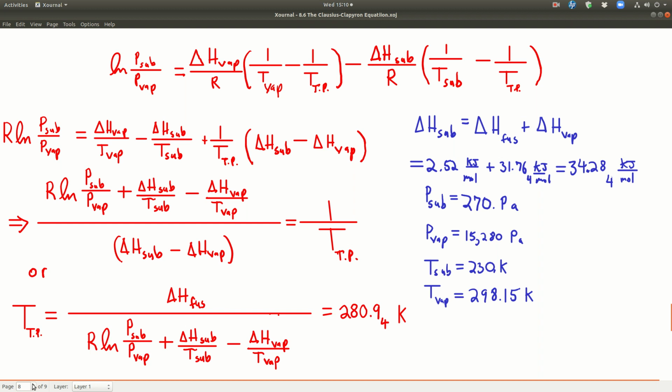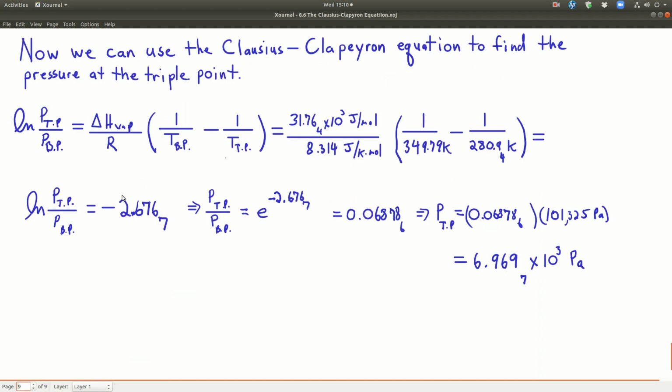We're almost there. Now to get the triple point pressure, all we do is use that good old Clausius-Clapeyron equation where our two points are going to be the triple point and the boiling point. So we use natural log of P final over P initial equals delta H of vaporization over R, 1 over T initial minus 1 over T final. Initial is the boiling point, final is the triple point.